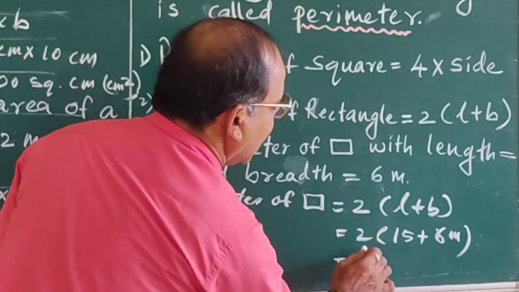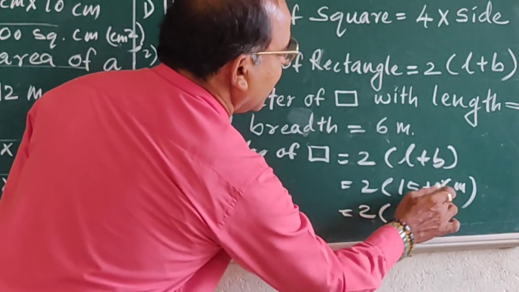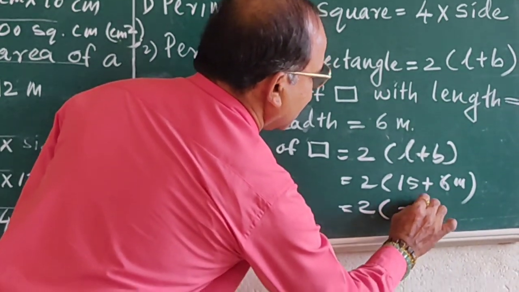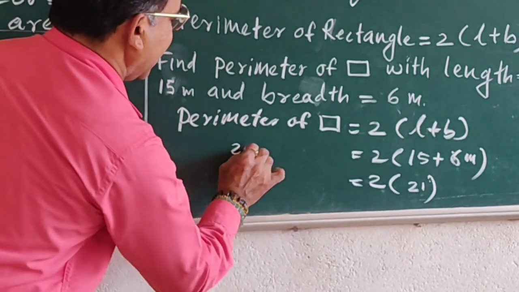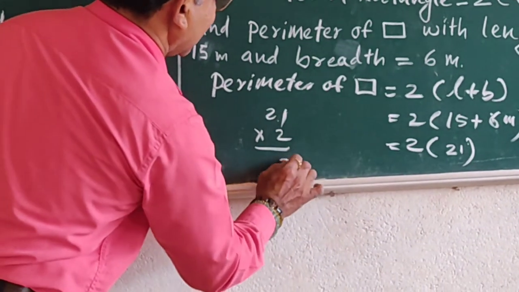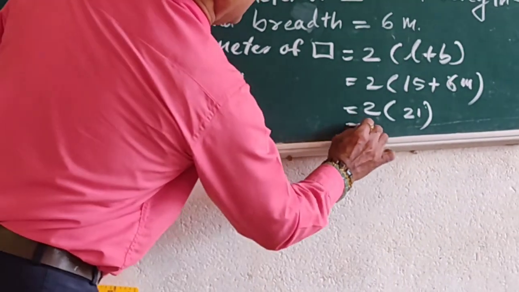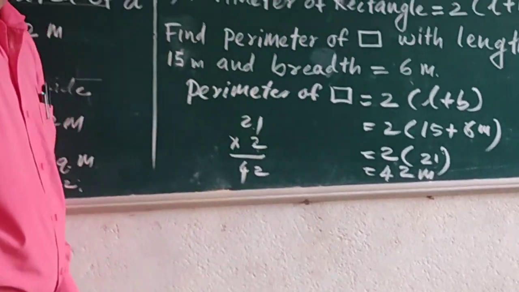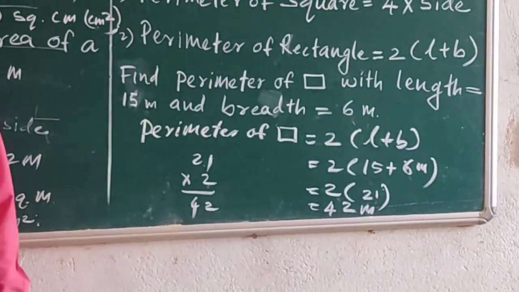So what is the total? 2 into bracket 21. Now we have to multiply 21 into 2. 2 ones are 2, 2 twos are 4. It is equal to 42 meter, the perimeter of the given rectangle.